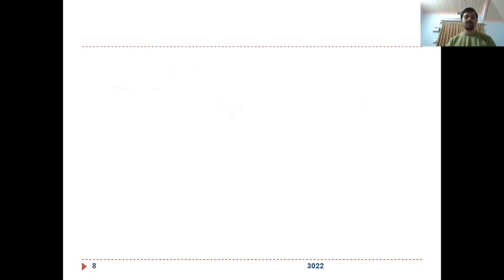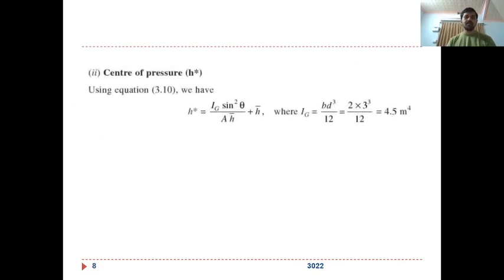Now the position of center of pressure, H star or YP, which is given by Ig sin square theta divided by A h bar, plus h bar. Compared to the previous equation for the vertical plane surface, this sin square theta alone is the addition, okay, where theta is given as 30.